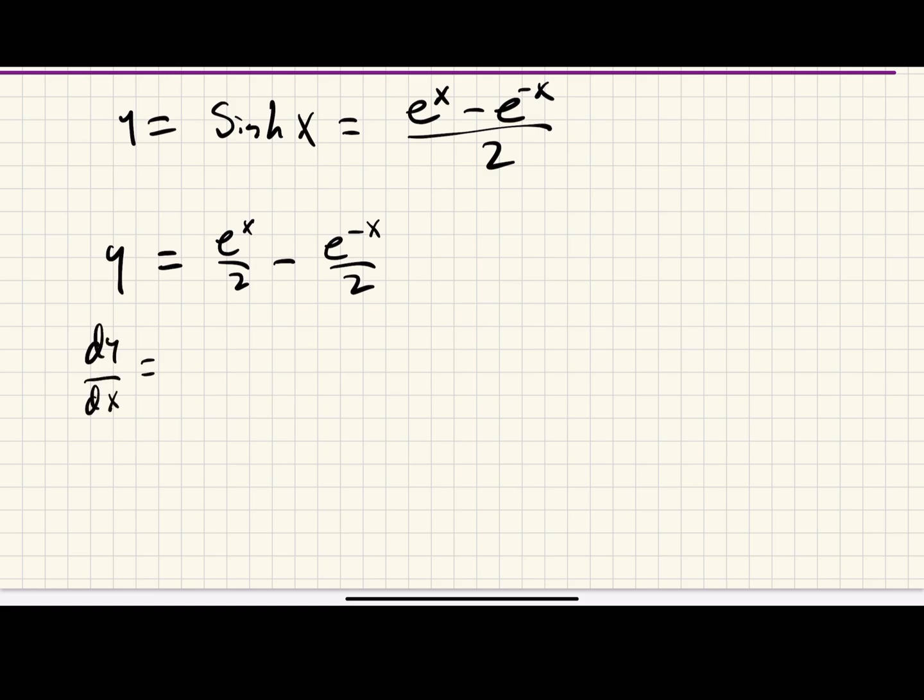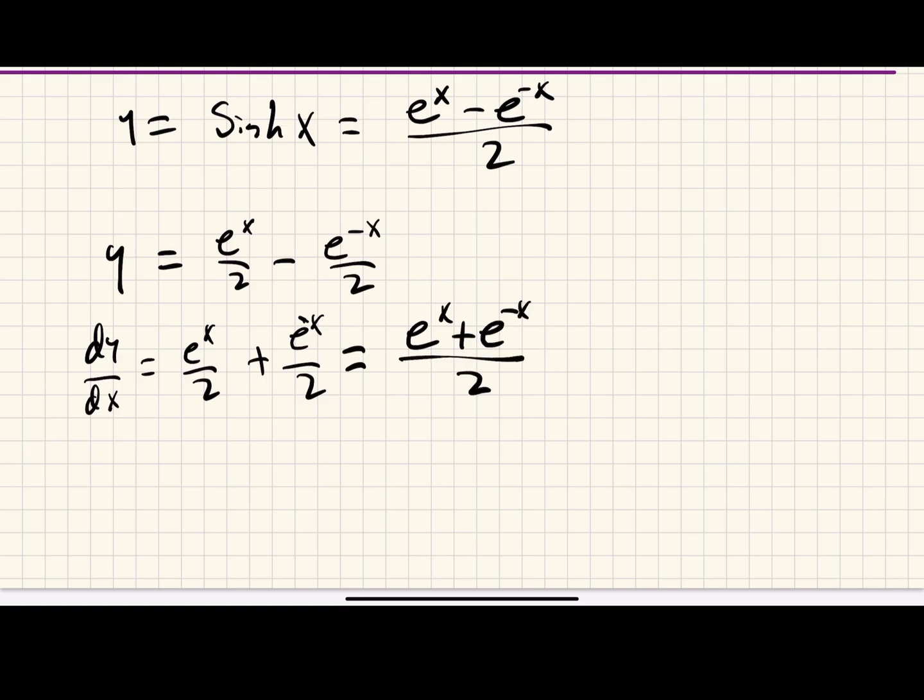Well, that's just going to be e to the x over 2, right? And then what's that going to be? That's going to be plus e to the minus x over 2, rather. And then that is e to the x plus e to the minus x over 2, which is, yes, hyperbolic cosine.